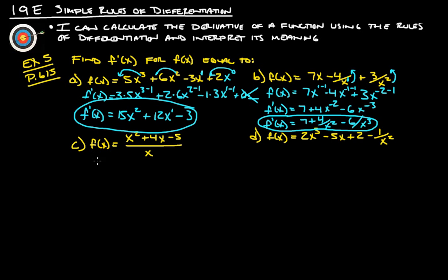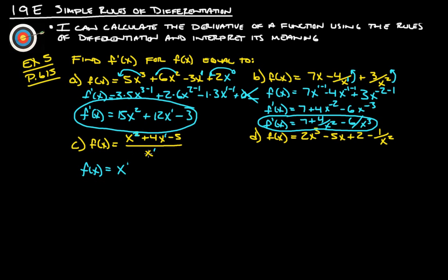All right, C. This is a squared there. Hard to see now because I wrote over the top of it. But again, we want to rewrite f of x without this variable in the denominator. So that's x to the first, that's x to the first. So we go 2 minus 1, so this is really just x to the first.